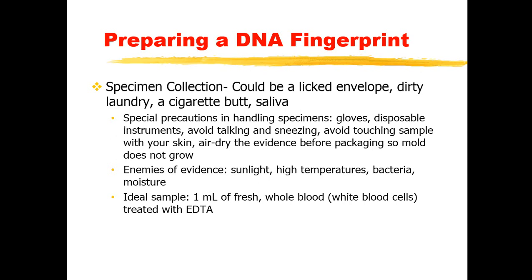Avoid touching samples with your skin. Air dry the evidence before packaging so mold does not grow in it. Enemies of the evidence are sunlight, high temperatures, moisture and bacterial contaminants. The ideal sample is 1 ml of fresh whole blood treated with EDTA.